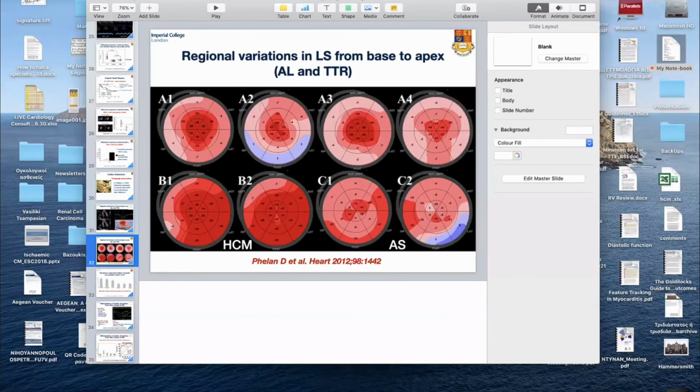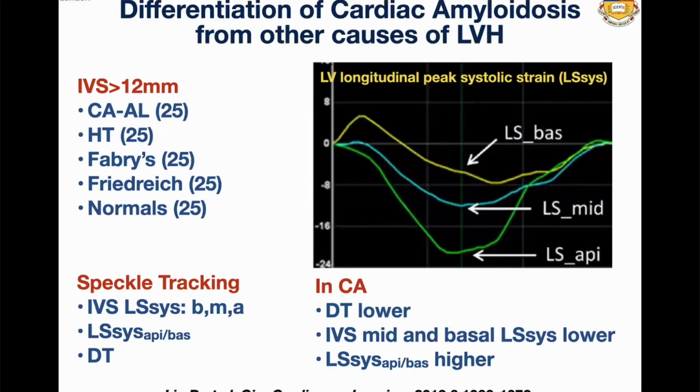So this is quite an important study showing the gradient between the low longitudinal peak systolic strain in the middle and basal part of the heart compared to the apex, which is preserved.